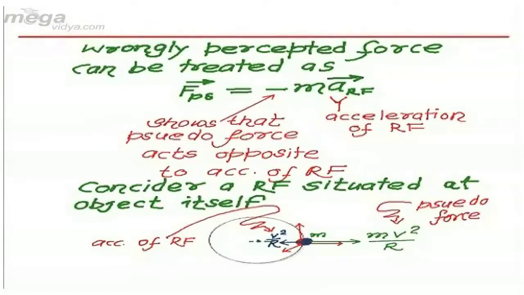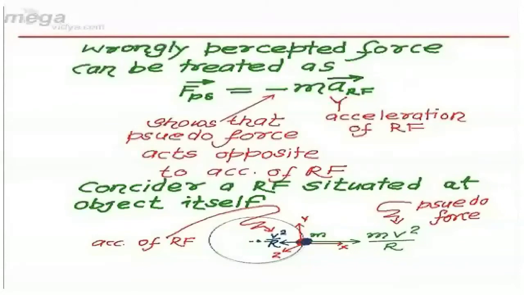So at the same instant, if we observe the object marked by the blue circle from the reference frame which we have chosen as x, y, z, which has acceleration v square by r towards center, on the object a pseudo force will be observed by the observer equal to mass of the body m multiplied by the centripetal acceleration of the reference frame.